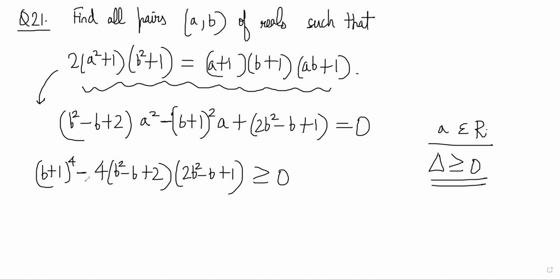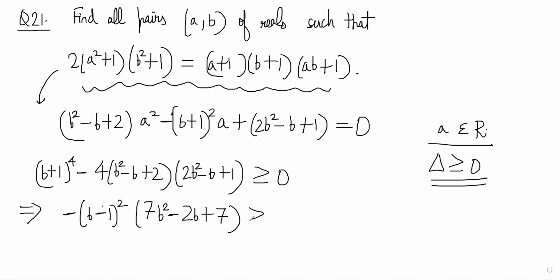Now we just have to simplify this a little bit. Again, some algebra that I'm skipping, so you have to work it out yourself and you will realize that this is equal to minus of (b minus 1) whole square times (7b squared minus 2b plus 7) is greater than or equal to 0.